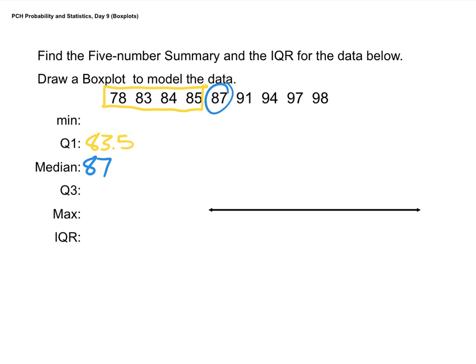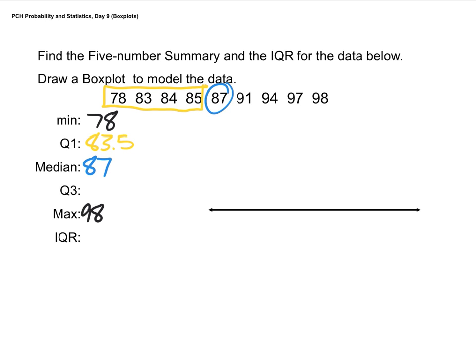All right. So now, what's another value we can find? Minimum. Good. Okay, we're getting the easy ones now. The minimum, we got 78, right? Yep. All right, what else? The max is 98.